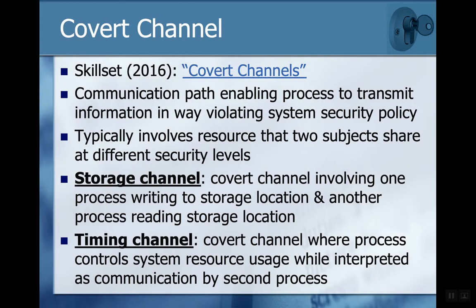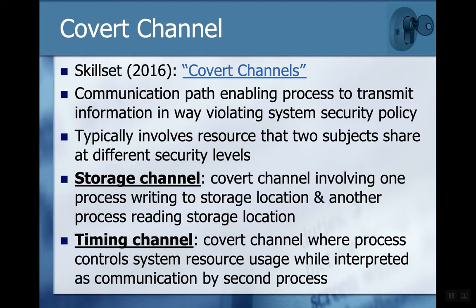Covert channels are another problem or challenge. This is more of a network-based approach, where basically you have the ability to use functions within the system to transmit communications and communicate information in ways that violate system security policy.